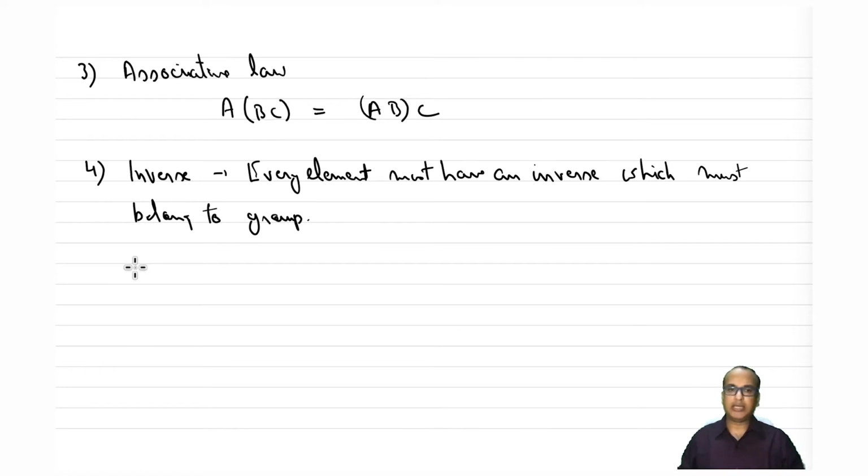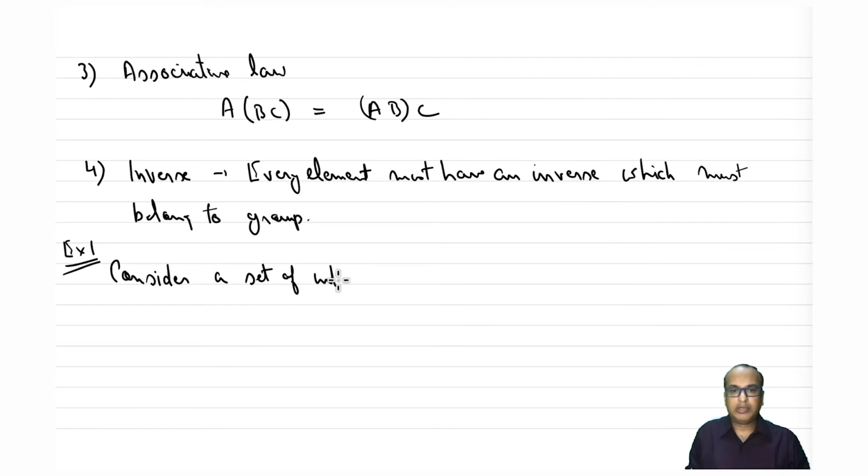Let's start our examples from simple mathematics that we know already, and then we will go to symmetry operations. This will help us understand these group properties much more. So consider a set, let's call it example 1. Consider a set of integers including 0.